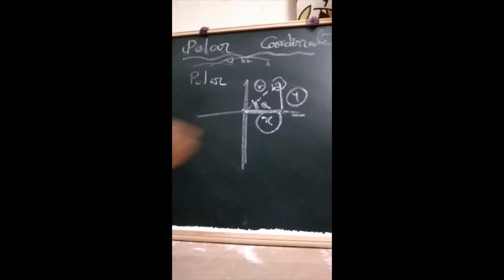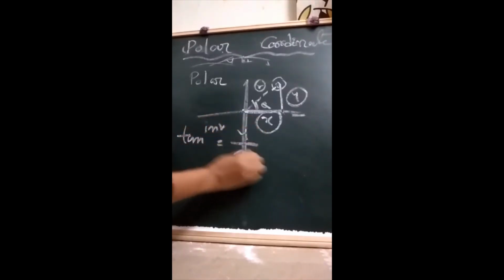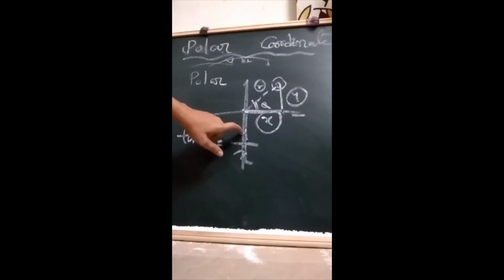So you can easily find out theta, that is tan inverse of y by x, using the calculator. You can easily find out the angle, or theta value, of the polar coordinate system.